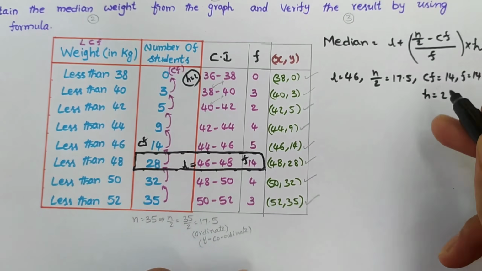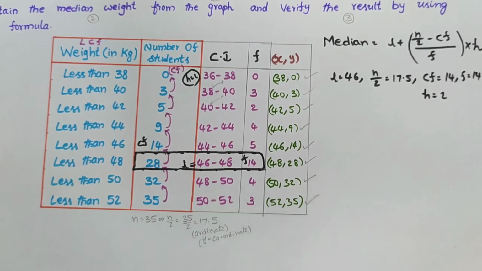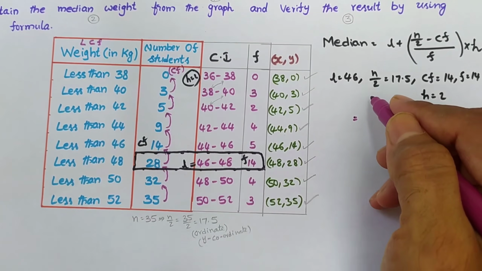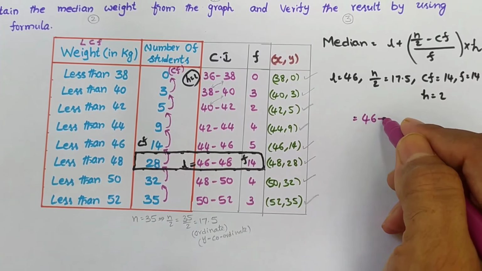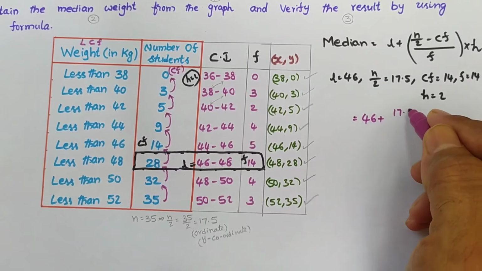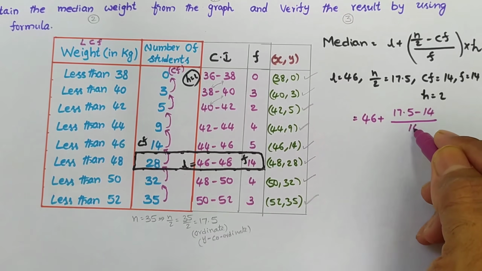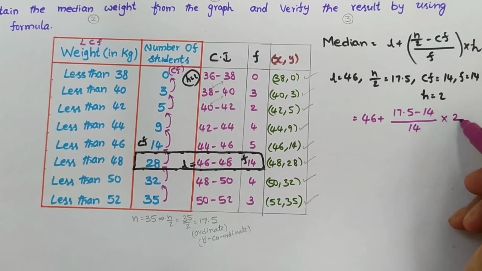Now let us substitute these values in the formula and let us verify here what we are going to get now. So median is L, L is 46 plus n by 2 is 17.5 minus CF is 14 by F is 14 into H, H is 2.